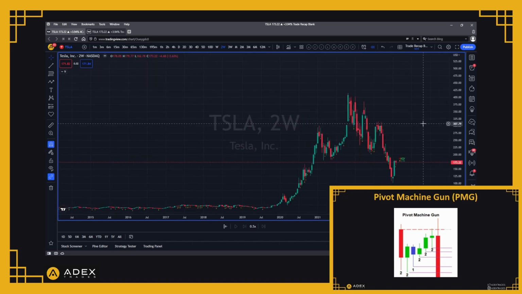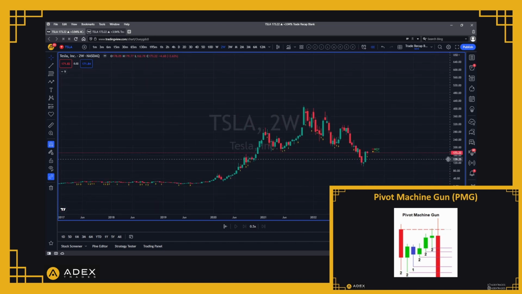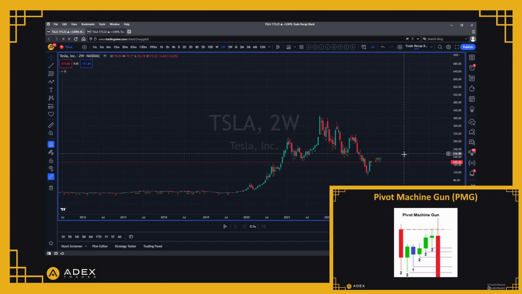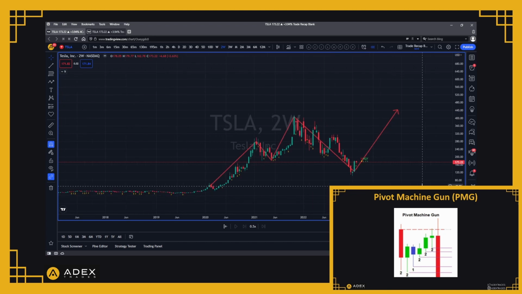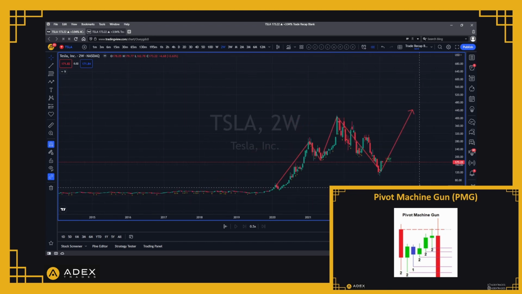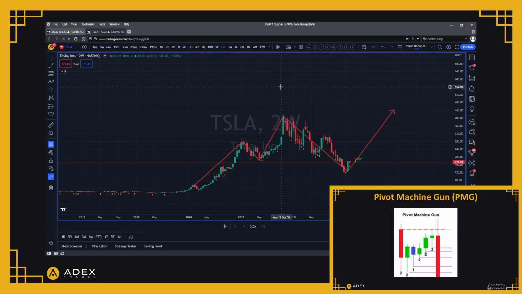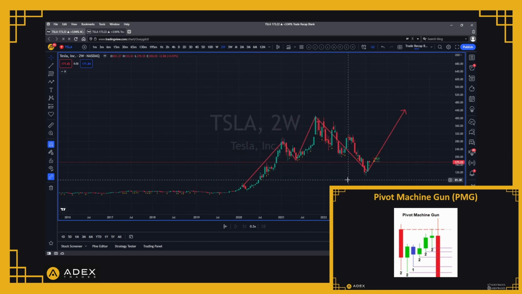Like someone should be able to tell me that Tesla is flagging right now and that a possible movement is like this. Right, because this is a bull flag on a higher time frame.